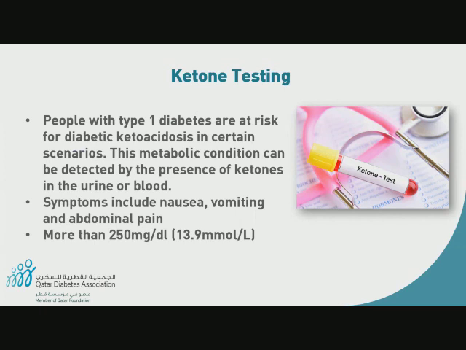So whenever you have a sugar of more than 250 milligrams per deciliter, check the ketones. Luckily, now some manufacturers have glucometers that can check blood glucose and also ketones, just using special strips, so you can have that at hand. This is especially for type 1 diabetes.